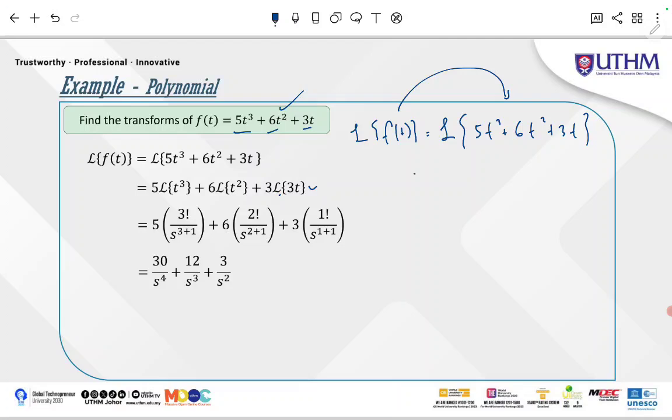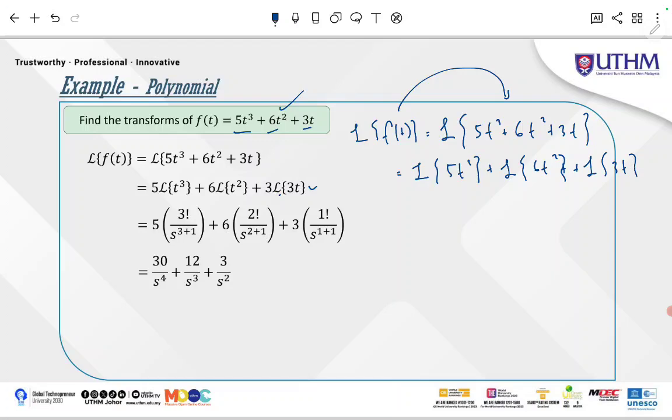Basically, you have the step here. Maybe we can put the Laplace transform of 5t to the power of 3, plus Laplace of 6t to the power of 2, plus Laplace of 3t, like that.